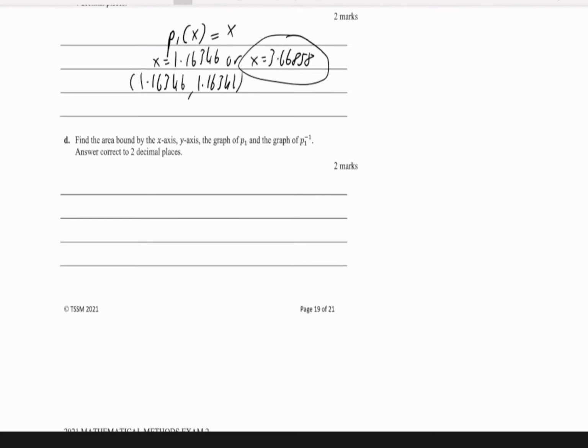Okay, for part D, it would be helpful to just graph it out. It's a bit tricky to graph, but I guess you have to do it. So first, start off with y equals x. And the graph of P1 is something like this.